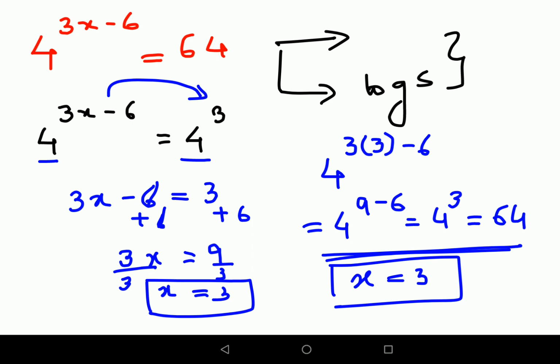Now for those who think that sometimes it gets tricky, it's not necessary that every time you can recollect that this is a cube of 4 or something like that. Then in that case, let me write this again. 4 to the power 3x minus 6 equals 64.